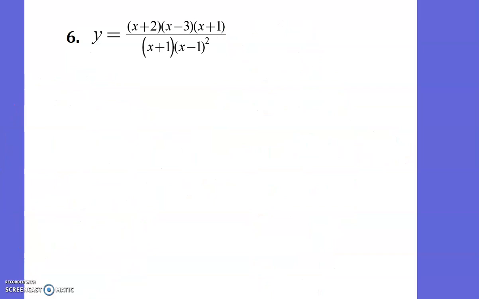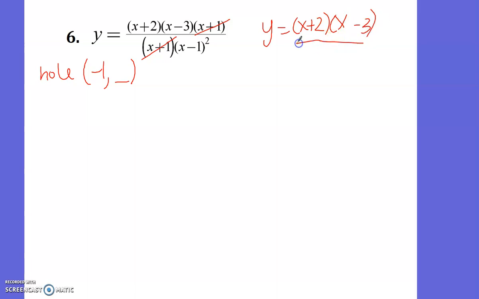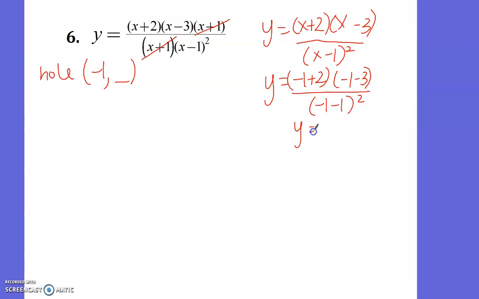Okay, for this one, we do have a hole in the graph. That cancels out. If I rewrite this, when we plug in -1 here, I end up getting 1 times -4 over 4, so it's at -1.